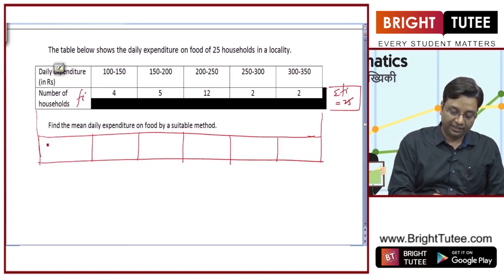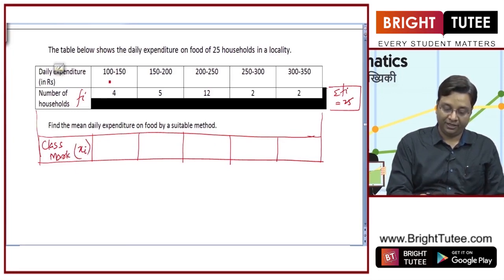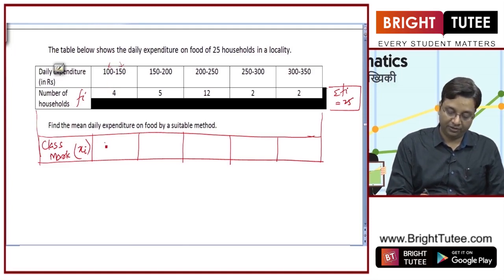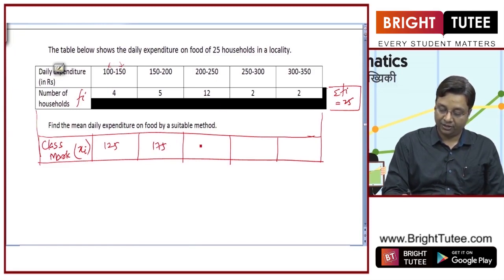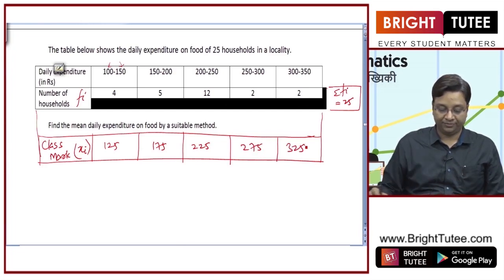Now to calculate xi, I will have to calculate class mark first of all, which will act as my xi. Now xi is just the average of these two, right, which will be 125 in this case, 175 here, 225 here, 275 here, and 325 here.